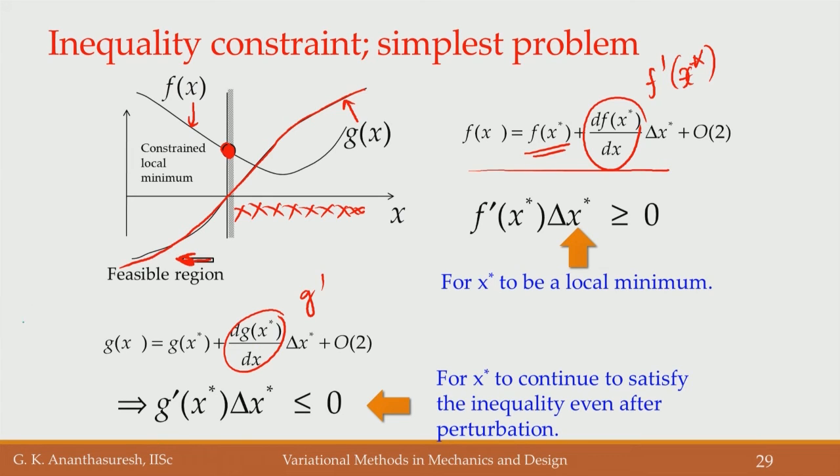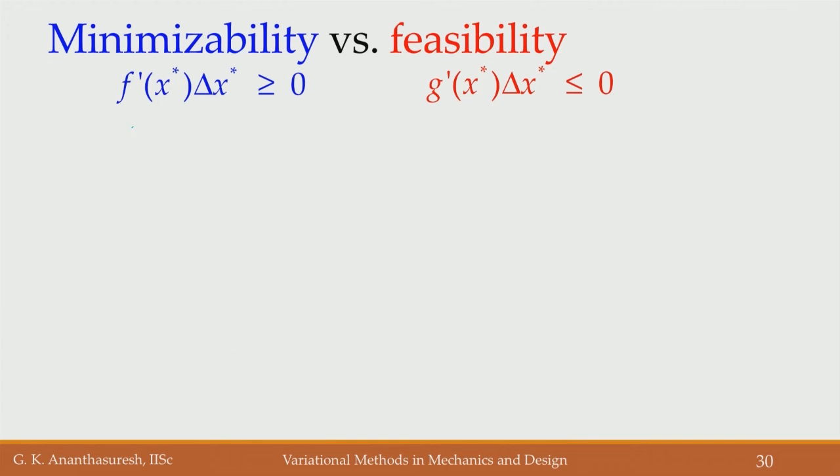Here we know that g has to be less than or equal to 0. g of x star is equal to 0 because that is the optimum, and at that point g is 0. So, the first order term with delta x star should be less than or equal to 0 in order to keep this satisfied. So, what we have now is f prime times delta x star is greater than or equal to 0, and g prime times delta x star is less than or equal to 0.